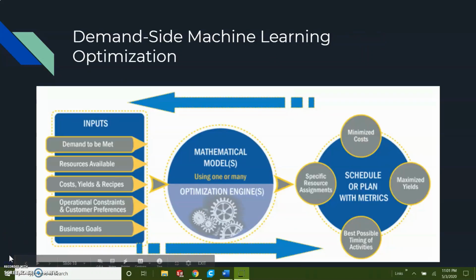Here's a diagram showing how machine learning interprets data from a demand-side management perspective. As you can see, many different forms of input, including demand prediction, can be combined and interpreted by the algorithm. In the case of cooling system optimization, these inputs include data from equipment temperature sensors, load sensors, and server room temperature and humidity sensors.